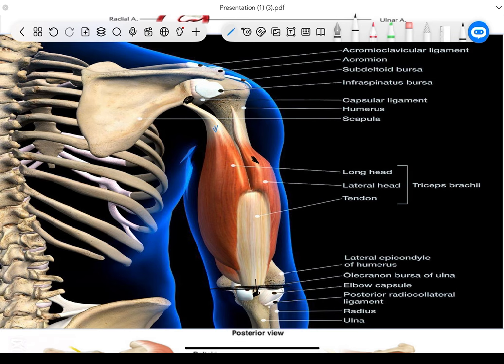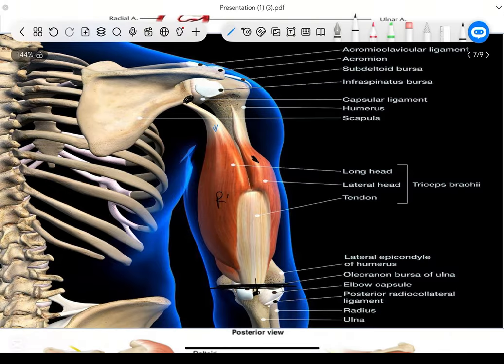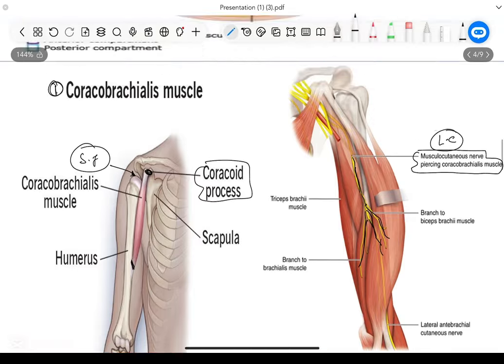Here you just remember it crosses only one joint, and what is the name of this joint? Elbow joint. So triceps brachii will work on which joint? Elbow joint, and already we know it is an extensor compartment muscle. So this muscle will do extension of the elbow. And as the radial groove is behind and the radial nerve crosses through this radial groove, what will be the nerve supply of triceps brachii? It will be supplied by the radial nerve.